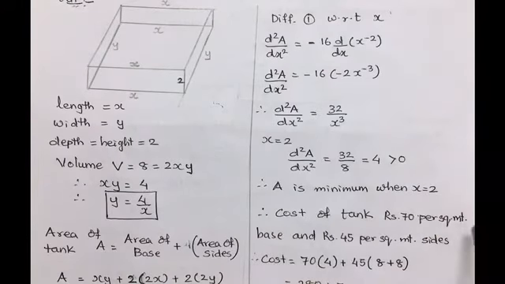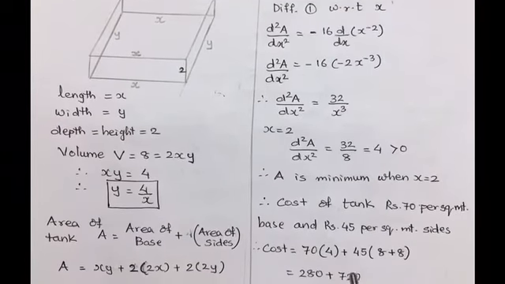Now we have to go for calculating the cost of the tank. For that, we are going to take up the equation of the area. Base has cost 70. So x into y, 2 into 2 will make it 4. So 4 into 70, that is the base cost.